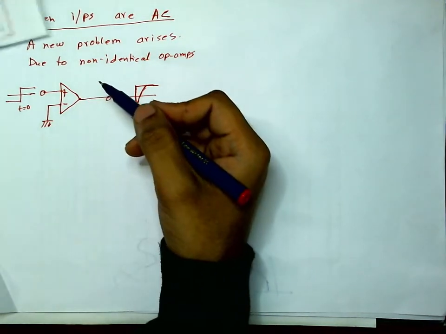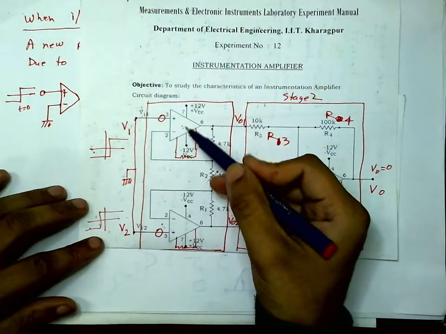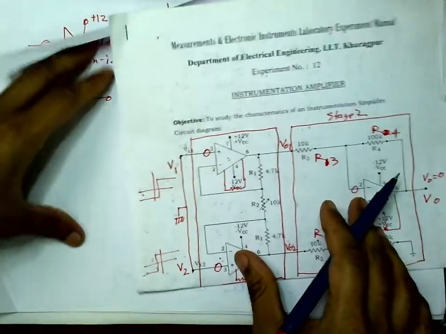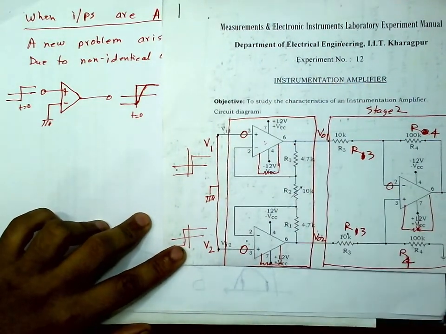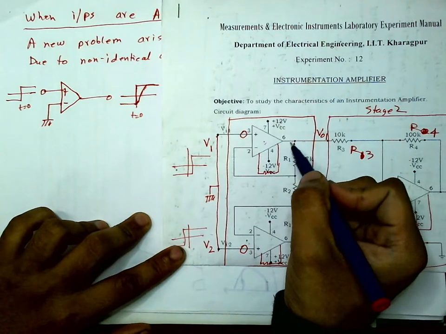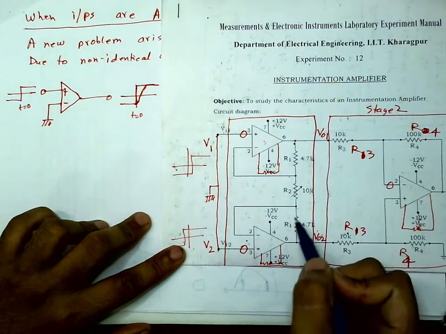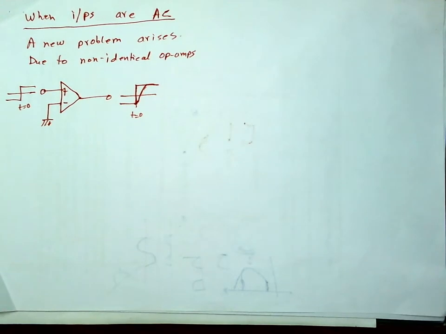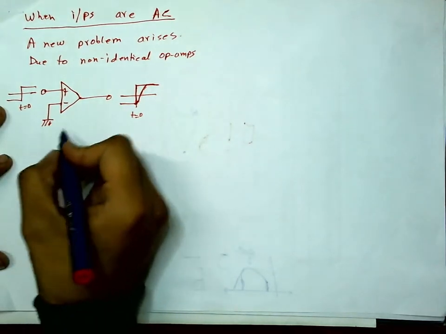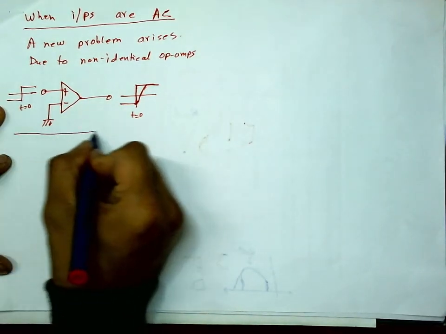So this op-amp and this op-amp might not have the same slew rate. So the rate of change of the output here and the rate of change of this output may be different. Okay, so let me just draw the stage 1 once again.